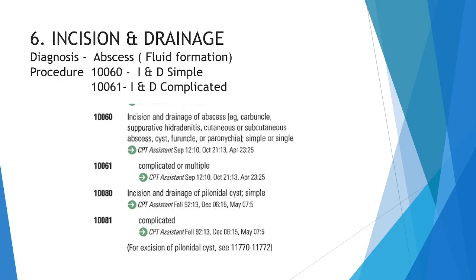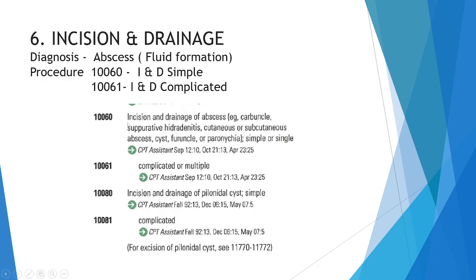So it will be incising and draining the fluid. There are two codes, simple incision and drainage and complicated incision and drainage. In the simple there will be no packing. The wound is left open as it is, and in the complicated the wound is packed using some material, gauze and some layers, and multiple.